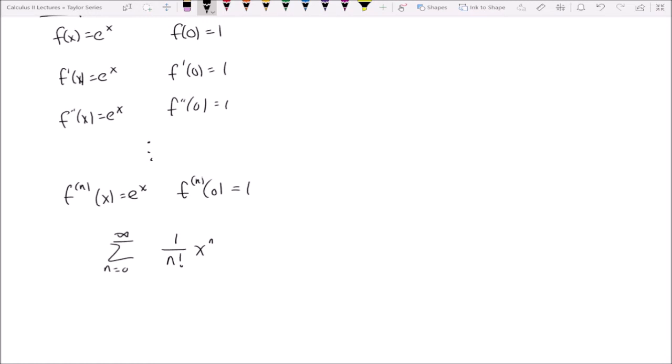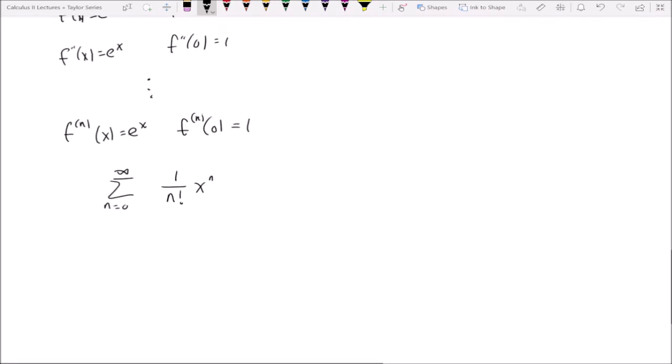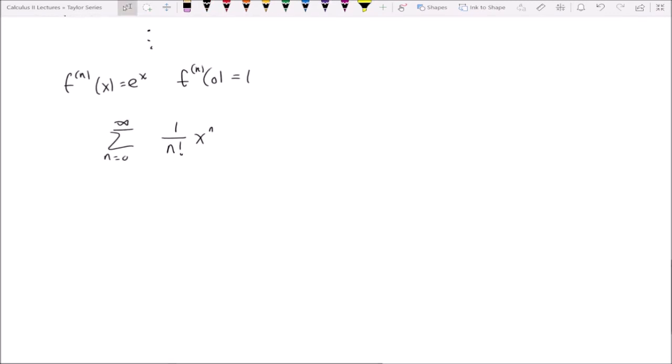What we now need to do is determine the interval of convergence. So remember, to do that, we take a look at the limit as n approaches infinity of the absolute value of the n plus first term over the nth term.